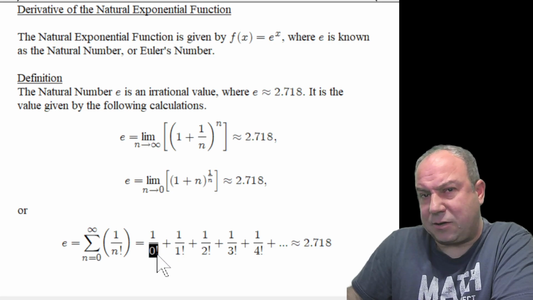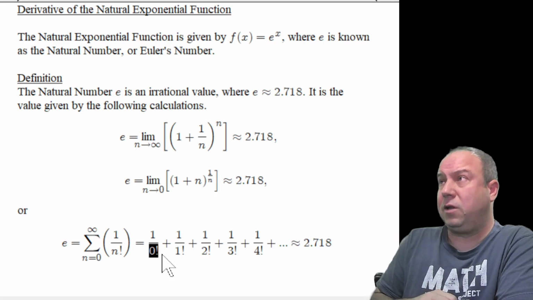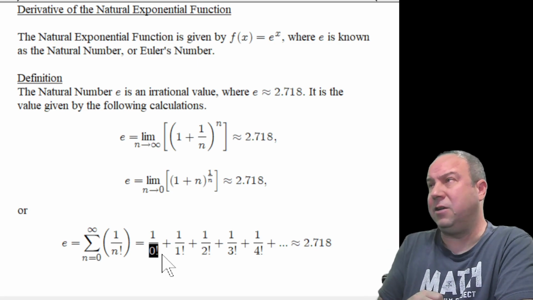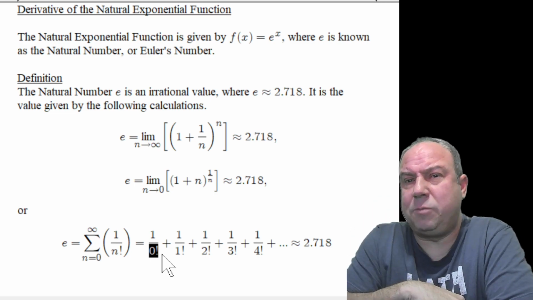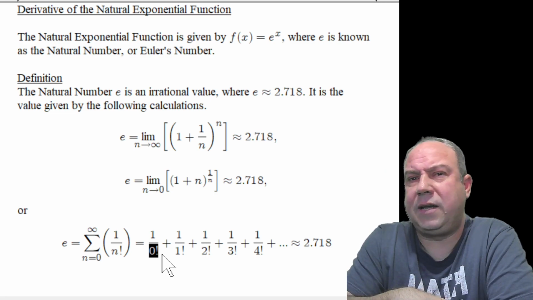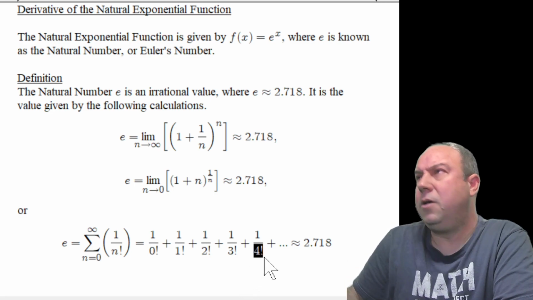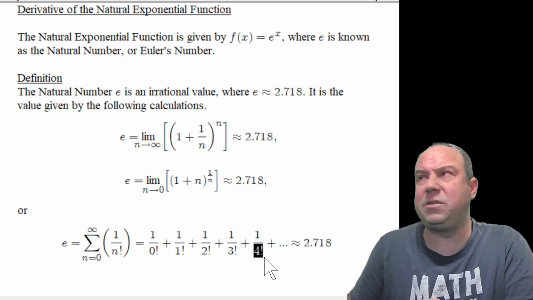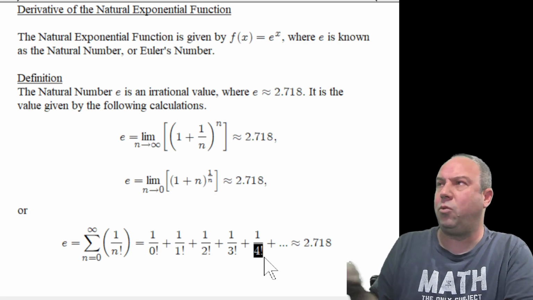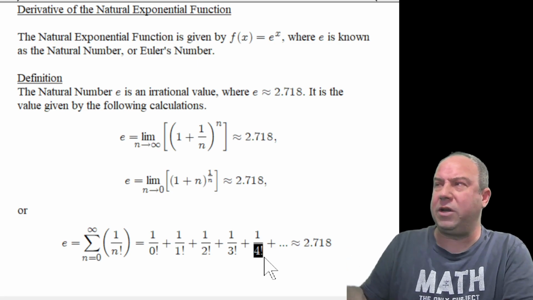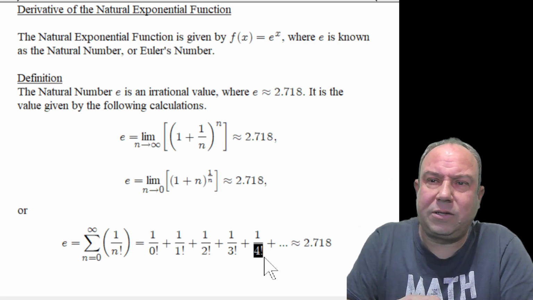As for 0 factorial, it is just the value of 1 itself. Remember, a factorial is the number of ways to arrange that number of items. So how many ways can you arrange nothing? Well, there is one way to form that arrangement. So 0 factorial equals 1. The value 4 factorial would be the number of ways to arrange 4 items, and there would be 24 ways, because it would be 4 times 3 times 2 times 1, where we know 3 times 2 times 1 is 6, times another 4 would produce the 24.